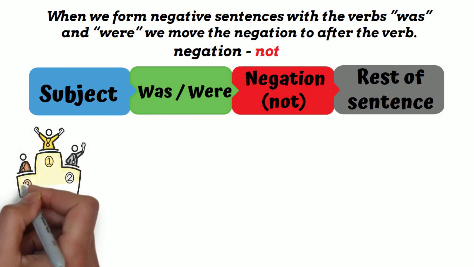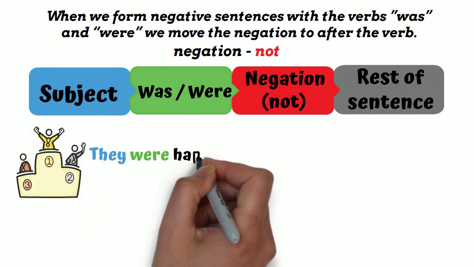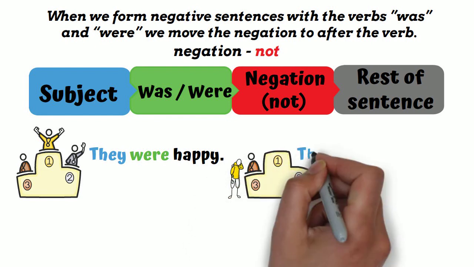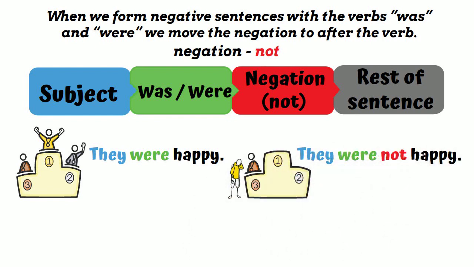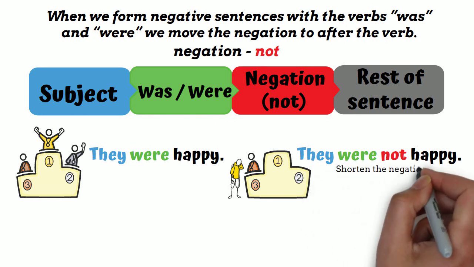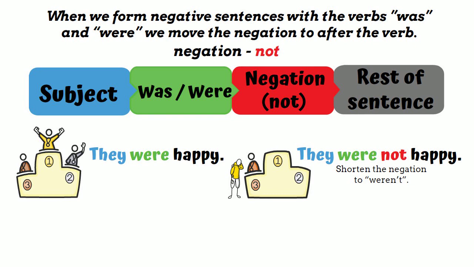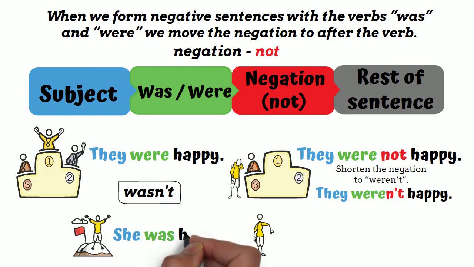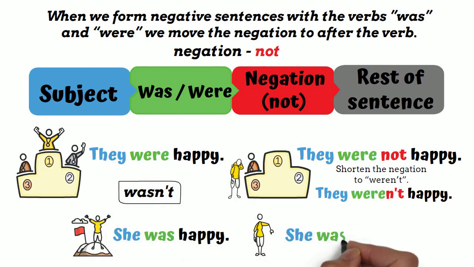See the difference here. They were happy and they were not happy. Again, you can also shorten the negation to weren't. They weren't happy. Or wasn't. She was happy. She wasn't happy.